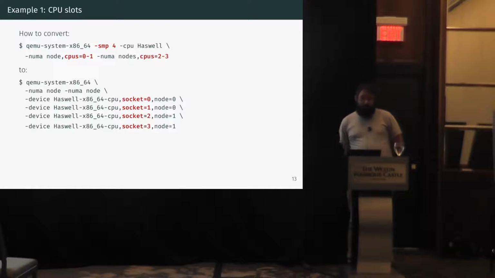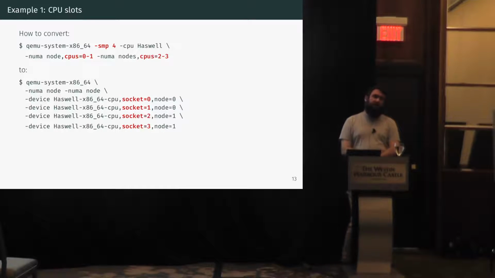When you do that, we have a command called query-hotpluggable-cpus that tells us where exactly you can plug CPUs, what are the valid parameters, where you can do that, because on some machines you can attach vCPU threads directly.